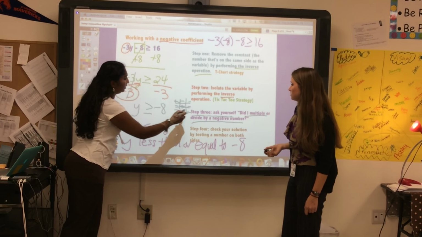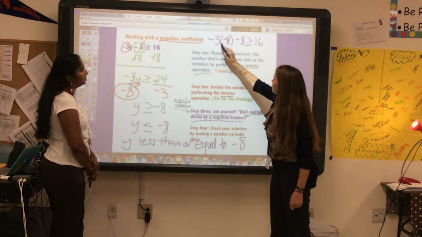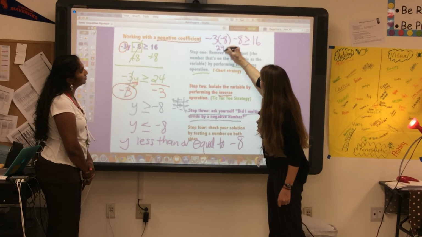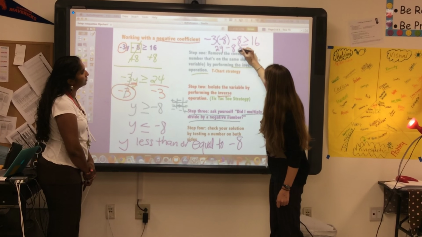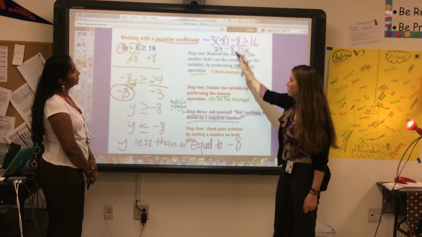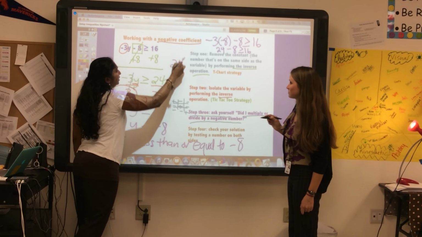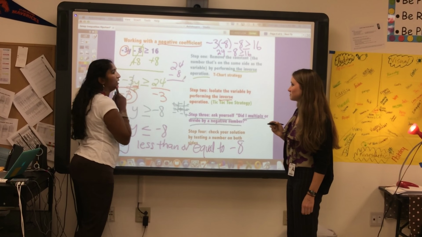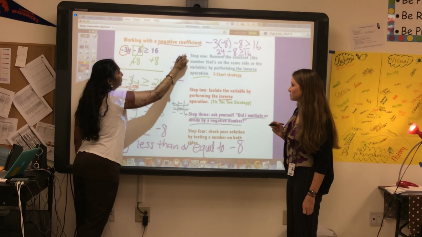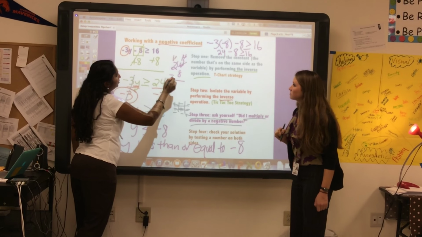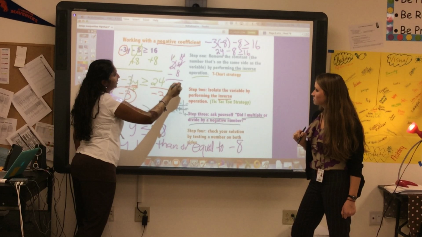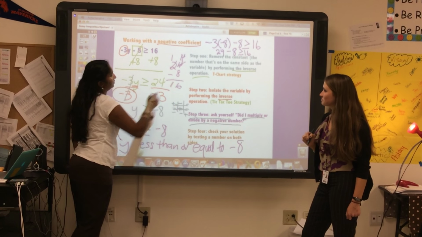So negative and a negative is a positive. So that's positive 24. 24 minus 8 is greater than or equal to 16. What's 24 minus 8? I got to draw it out like this. I can't do the mental math in my head. So I can't do 4 minus 8, so I'm going to borrow. And that turns to 1. 14 minus 8 is 16.